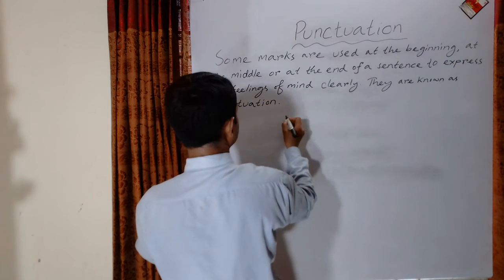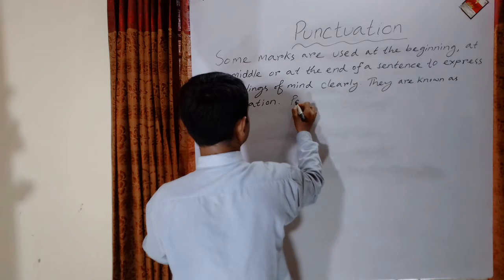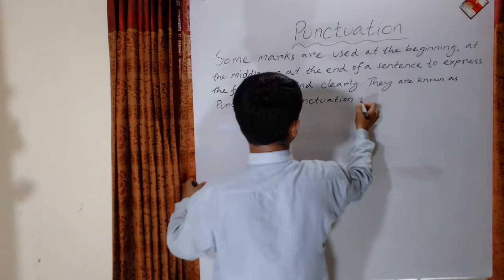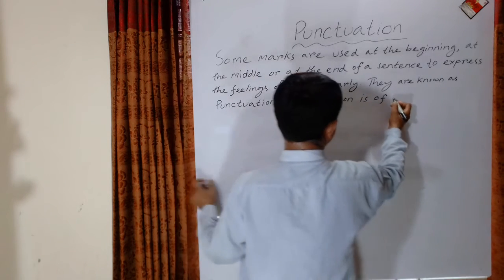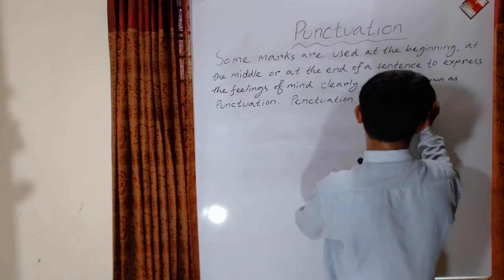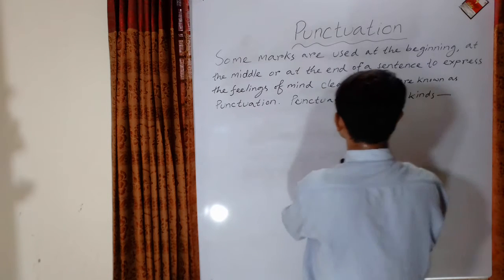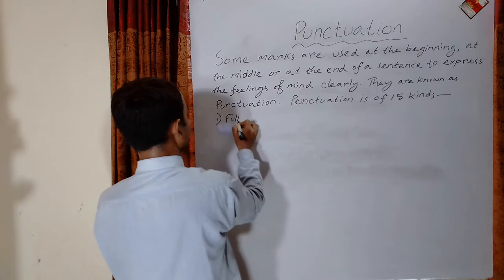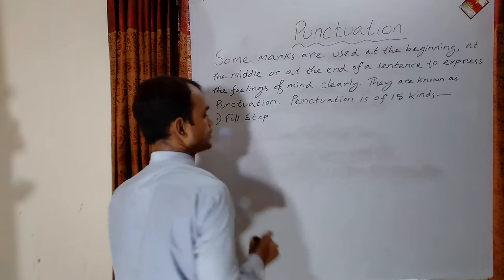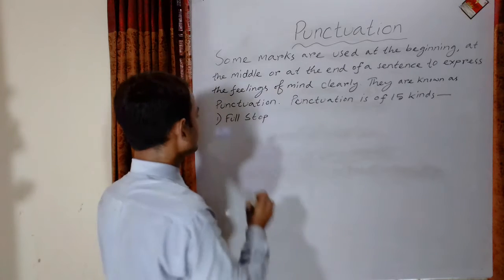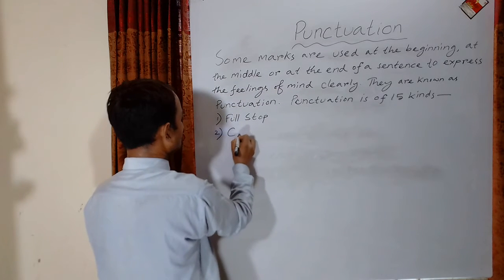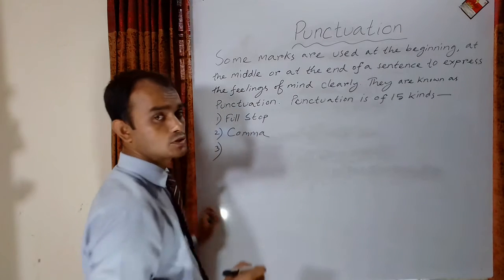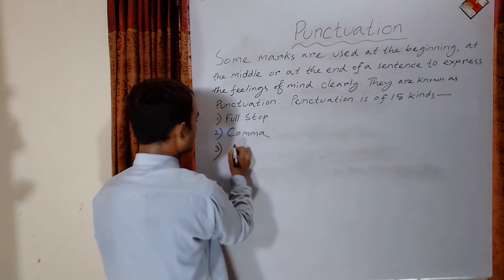Punctuation is of 15 kinds. Number 1, full stop. Number 2, comma. Number 3, colon.